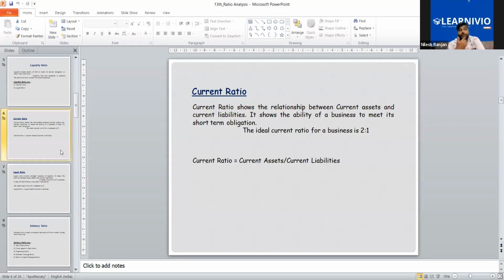If they refuse to work for you, then you can ask for your money back. But until then, you cannot. So inventory and prepaid expenses, which are included in current assets, should be removed for a better liquidity position. That is what happens in liquid ratio.